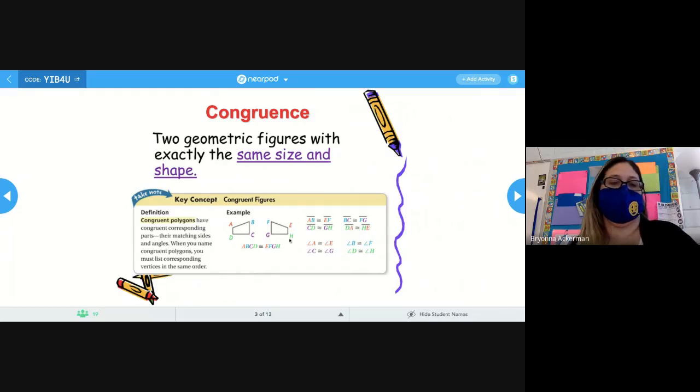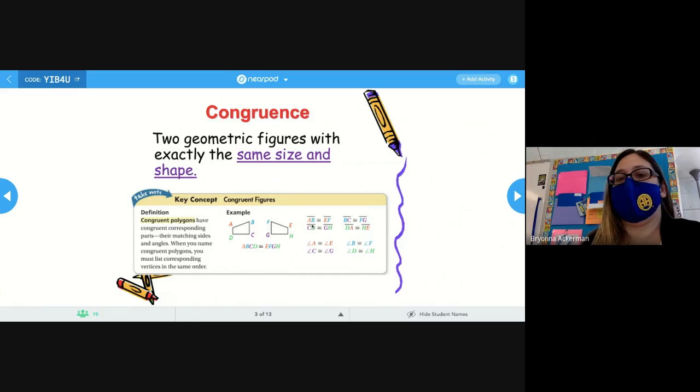And so in this picture, we have polygons, and we color coordinated them. So like A is red, and that came first in naming it. Well, what came first in naming the other one? E, right? And since those are both red, we know that this figure on the right would have to be kind of flipped over in order to line up the vertices that are corresponding, the ones that match, right?